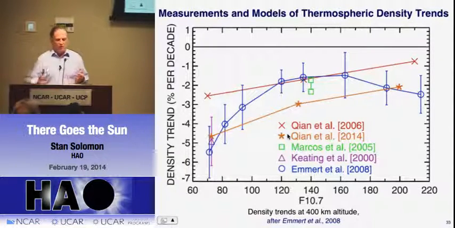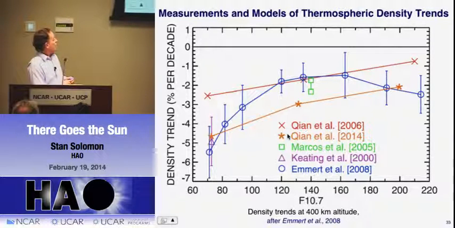So let's compare the models to the measurements, to try to get on the right page. The blue is Emmert's estimate of the solar cycle dependence of the rate of cooling in degrees per decade. The green here is Marcos. The purple is Keating. And this is the global mean model result.